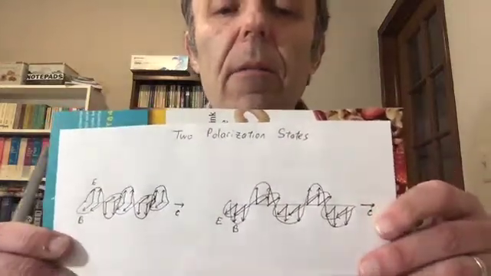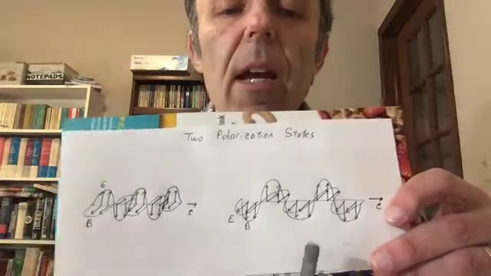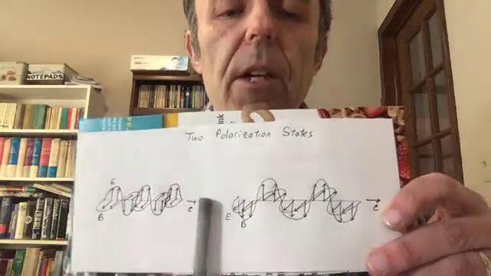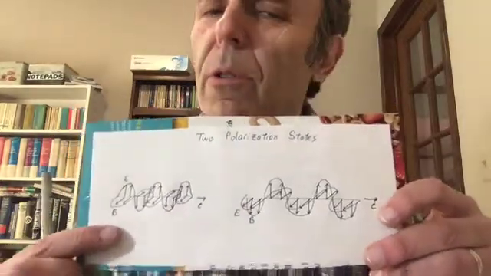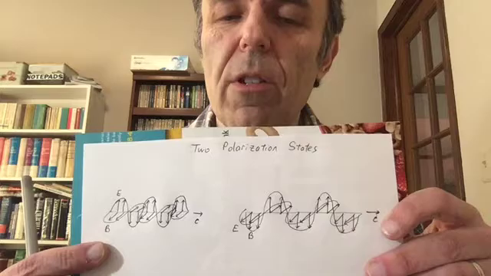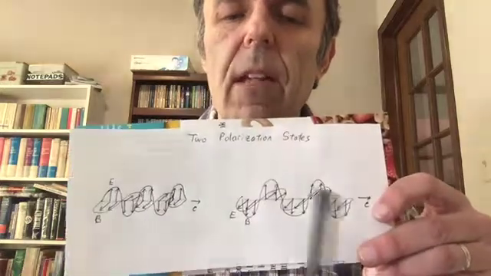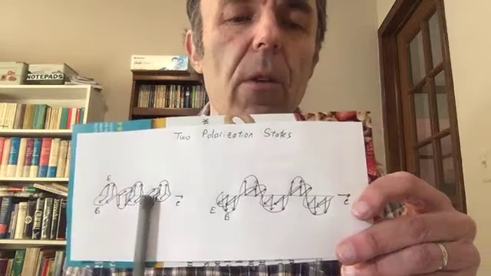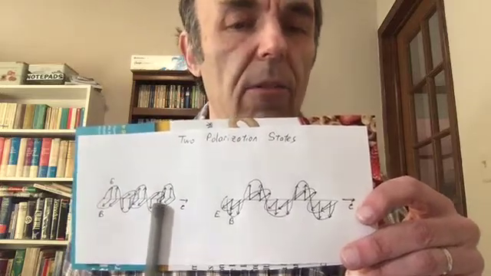Now, it turns out that light is a transverse wave. The electric field points perpendicular to the direction of motion. But there's two directions that are transverse to the direction of motion. You can have the electric field going up, down, and the magnetic field going, if you looked from the end, left, right.